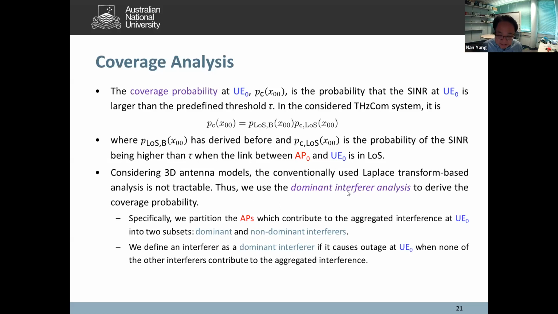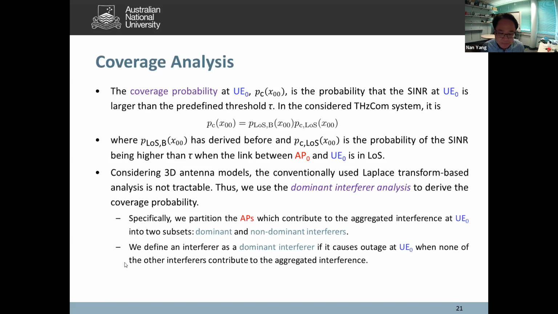By doing this analysis, we partition the APs, which contribute to the interference, into two sets. One is dominant interference, one is non-dominant interference. An interference is defined as the dominant interference if it causes outage by itself. So this is the definition of a dominant interference. And of course, the interference that cannot cause the outage by itself is the non-dominant interference.